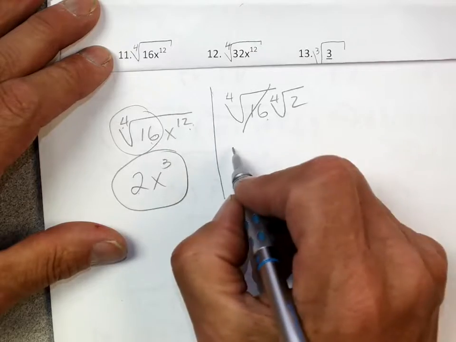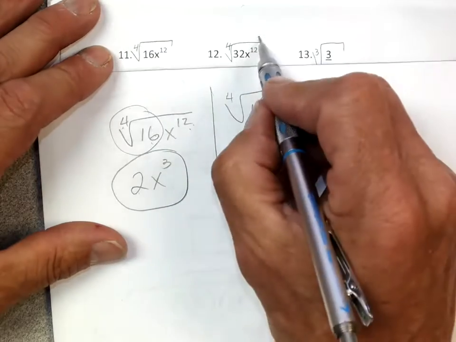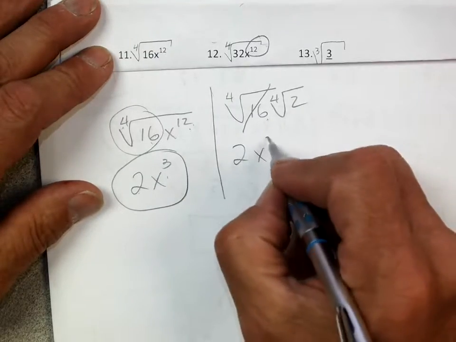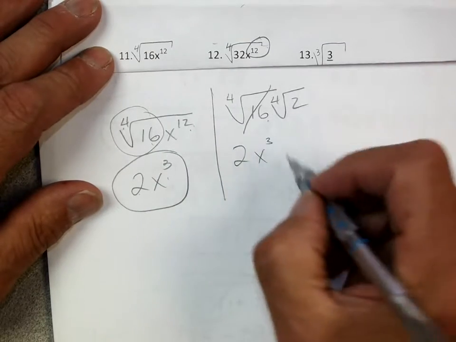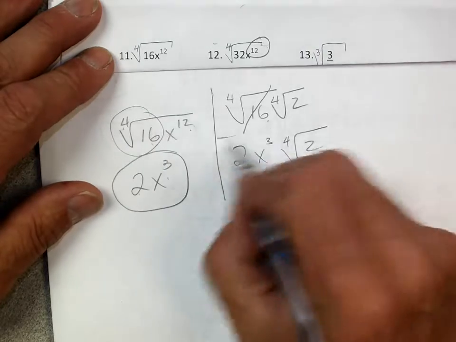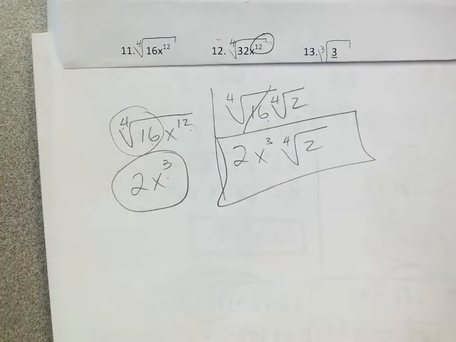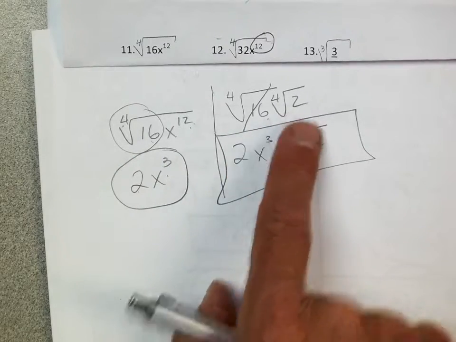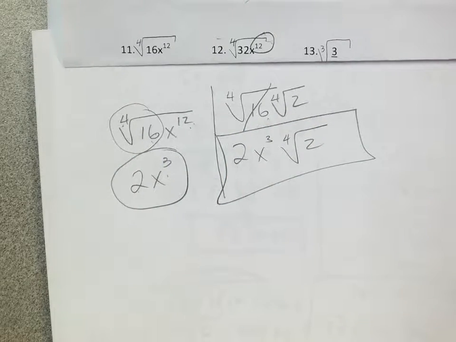So we can make that into a 2. And then if we take, like we did before, a fourth of that, we get x to the 3rd. Then all that's left over is the 4th root of 2. Now that's a little bit harder. But the nice thing is we did one just like it prior to it. The only difference is that 32 is 16 times 2, okay? A little bit harder. All right, 13.